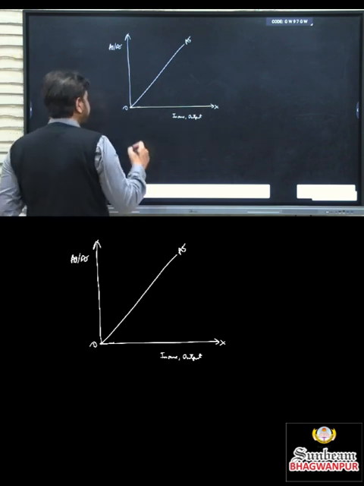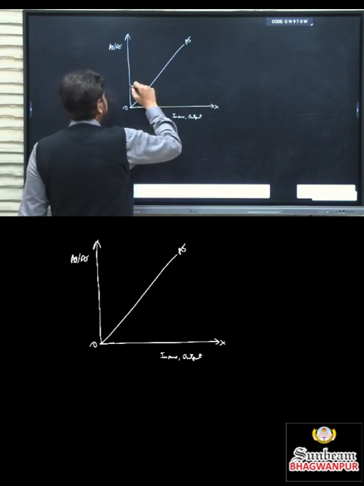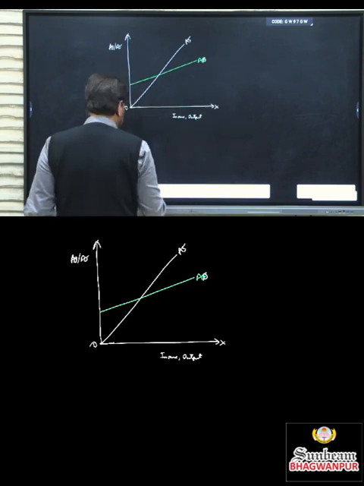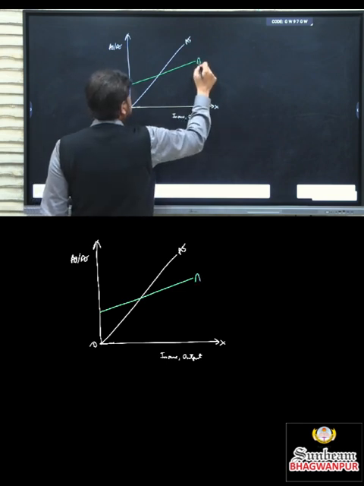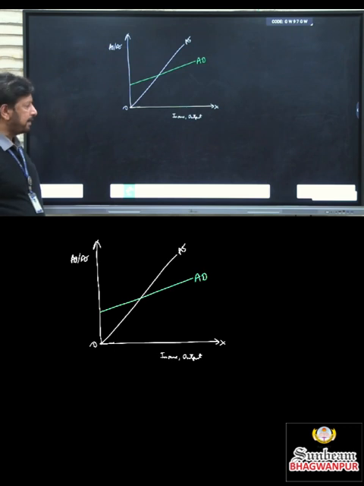You know that the aggregate demand curve starts from the positive y-axis, and this is going to be aggregate demand, which is the sum of C and I, consumption and investment.